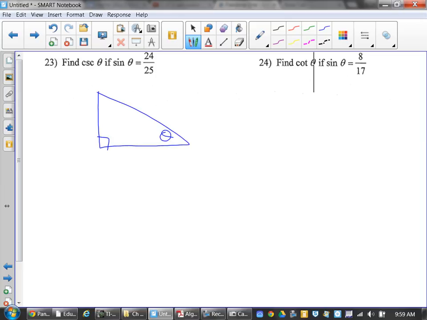So if this is my theta, this becomes, and this is? So what would this be? Good. Cosecant. Cosecant is 25 over 25. You didn't need to know that, but the idea here is you're just solving for that missing side length for the right triangle and then working yourselves out into the other trig functions. By just asking for cosecant, it's going to be 25 over 25.